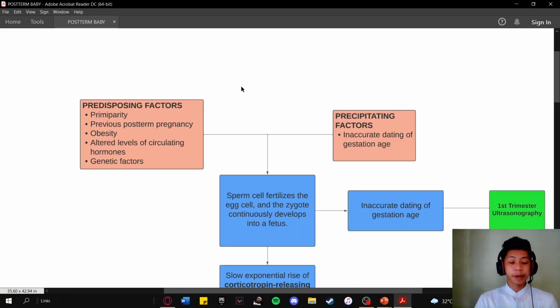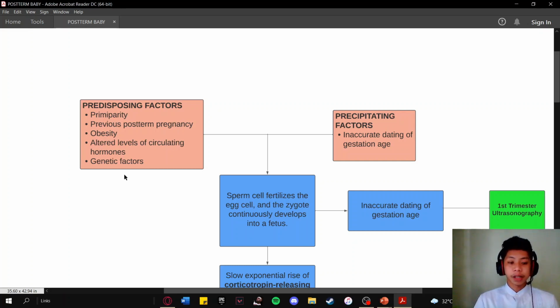Another factor would be obesity. As mentioned by my group mate before in the introduction, obesity, or BMI, also is a factor for postterm pregnancy.